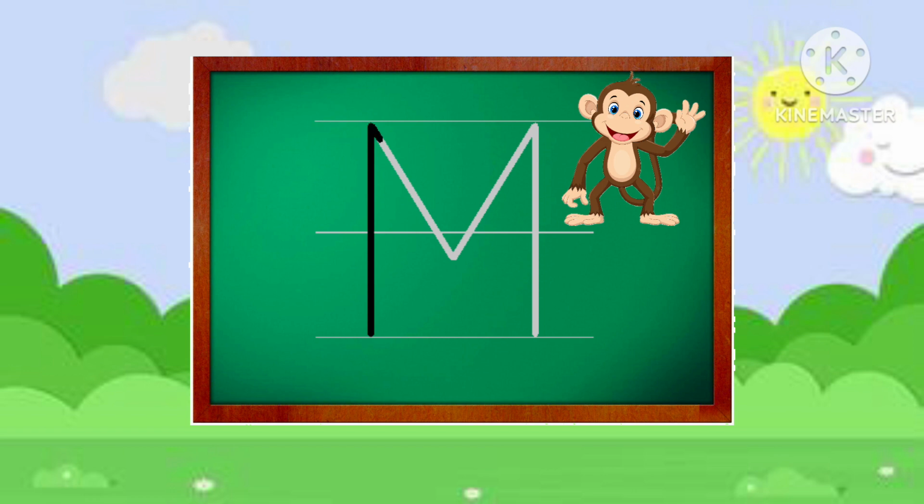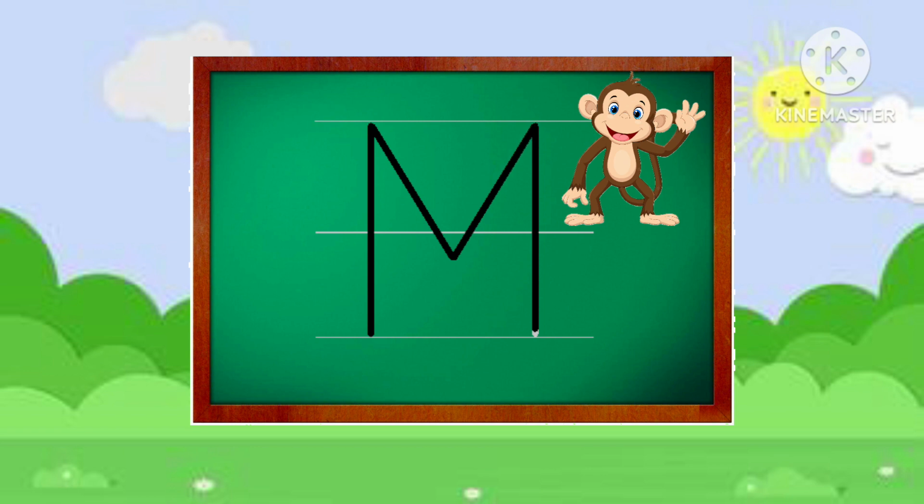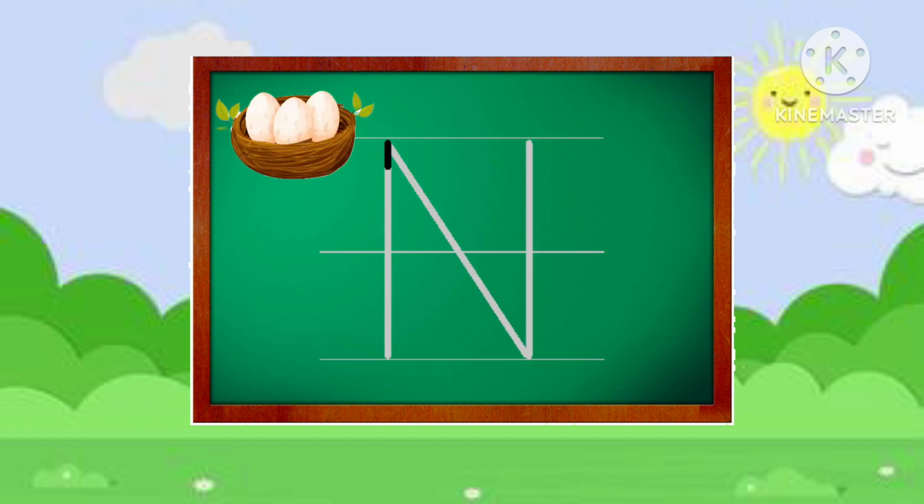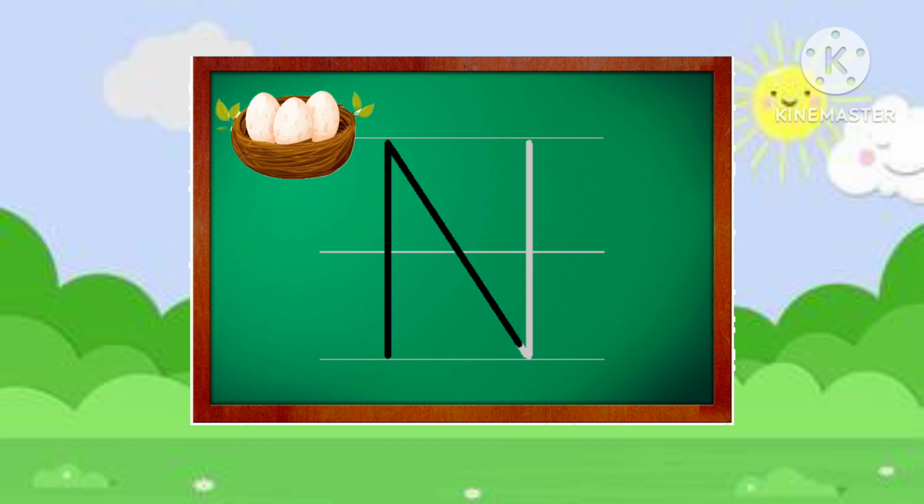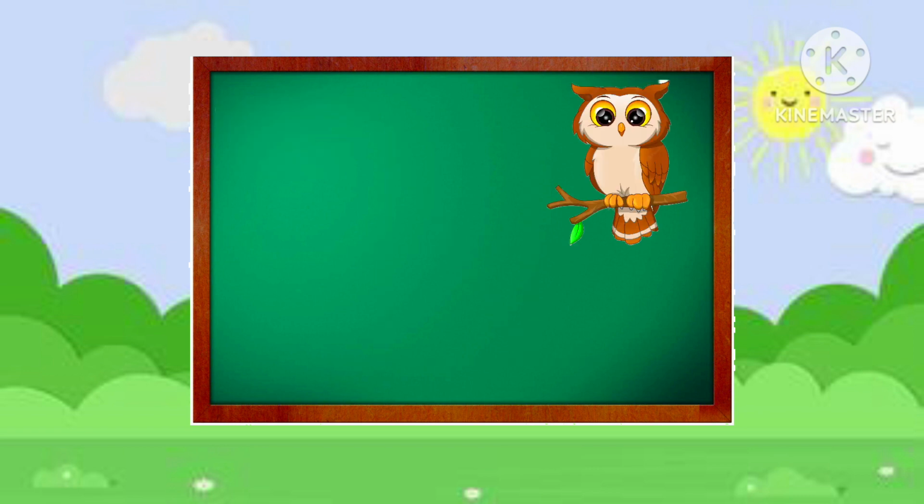Standing line, then from the top slanting line, one more slanting line, then standing line. It's M for monkey. N, standing line, from the top slanting line till end, and from the end take one more standing line. It's N for nest.